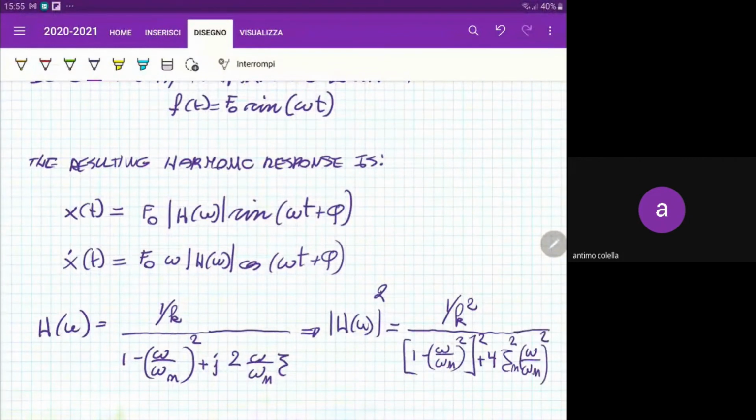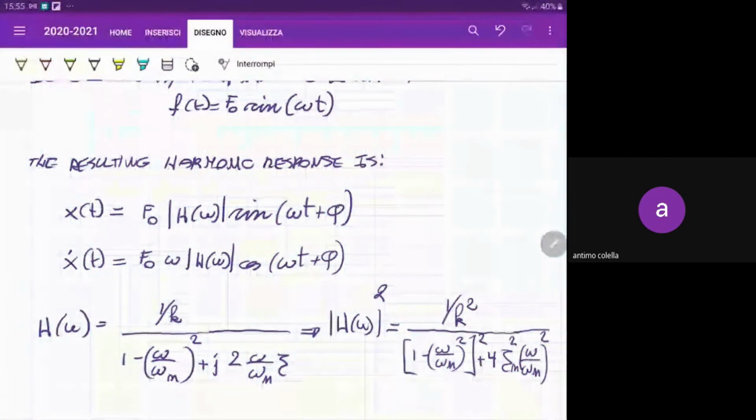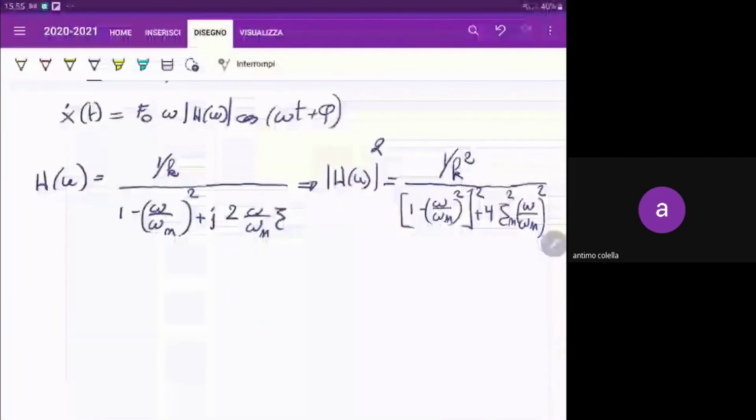Okay, and so go back to the question, the first question: what is the average power that the system can dissipate when excited by harmonic excitation?